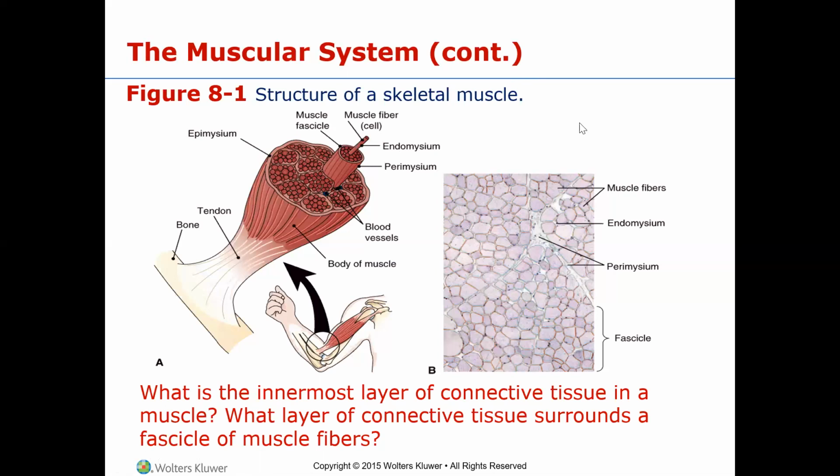We get a bunch of those muscle fibers encased in a tissue known as the perimysium, and that's a muscle fascicle. We get a bunch of those fascicles all bundled together and encased with this tissue that's known as the epimysium, which is continuous with the tendon that is attached to the bone.